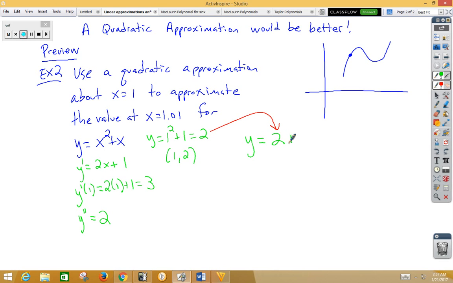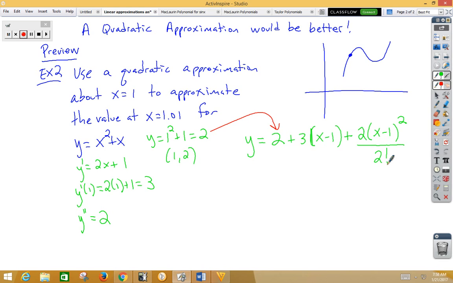Then we're going to have our slope, times x minus 1. Now, when we go to do our quadratic term, in front of our x minus 1 squared is going to be our second derivative, which was 2. And we'll learn when we start doing Taylor polynomials that we're going to divide that by 2 factorial.